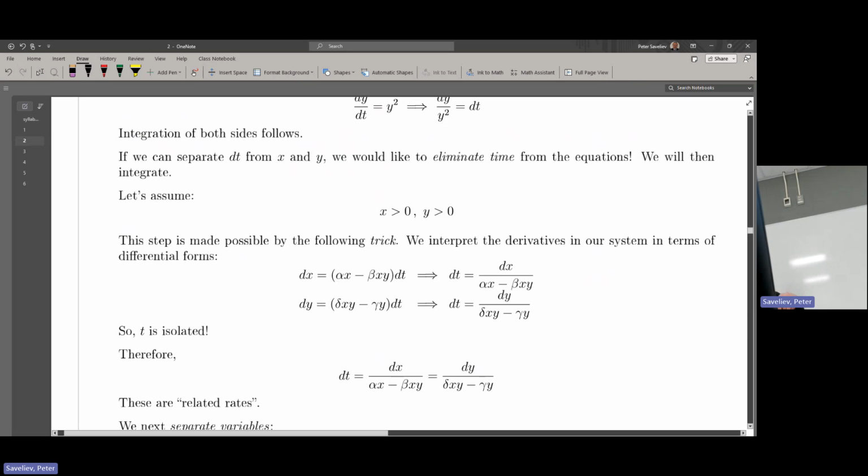So related rates, anyone remember what they are about? Related rates from calculus 1? It is actually very similar. So there is an implicit relation, there are two quantities, and they depend on each other. So they are related, and then dx/dt and dy/dt are also related.